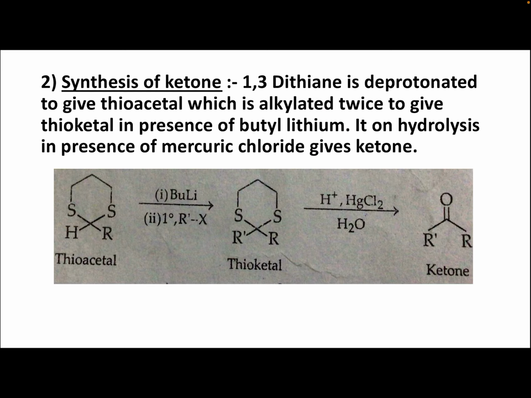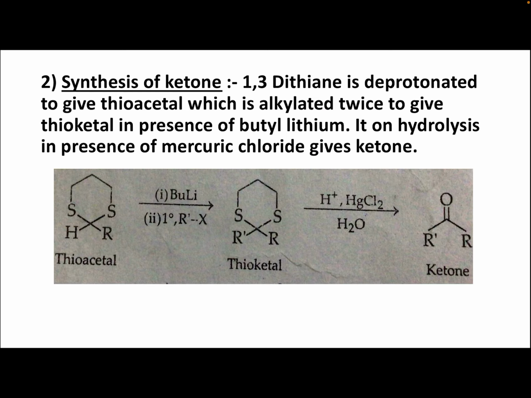Next, second is synthesis of ketone. 1,3-dithiane is deprotonated to give thioacetal, which is alkylated twice to give thioketal in the presence of butyl lithium. Hydrolysis in the presence of mercury chloride gives ketone. Here thioacetal is there. Once more it is alkylated in the presence of butyl lithium and R-X, then you are getting thioketal.